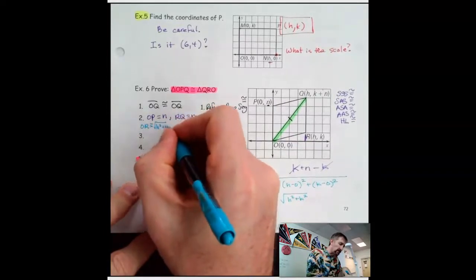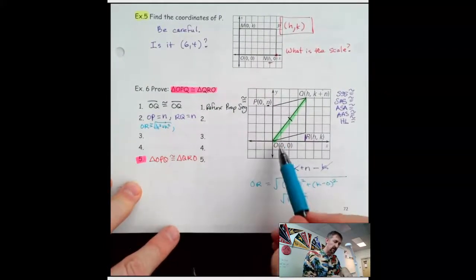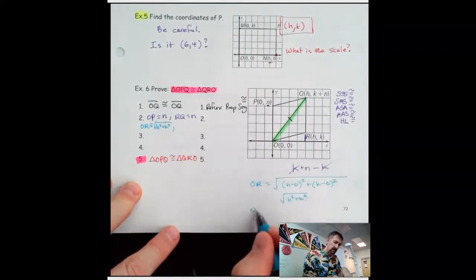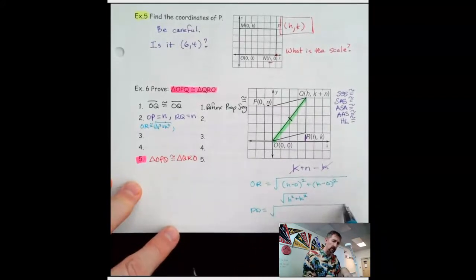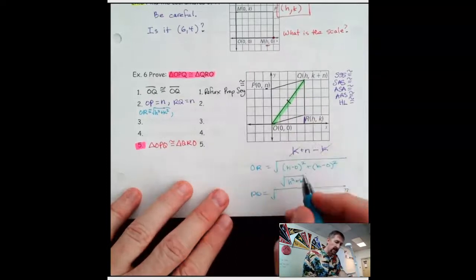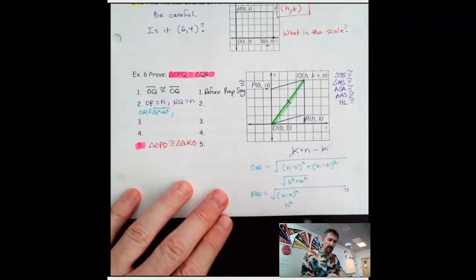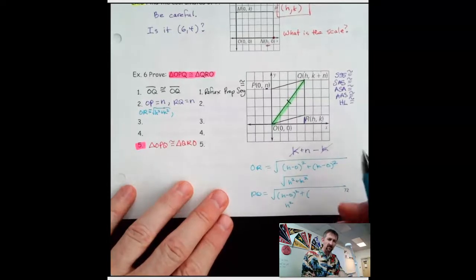H squared plus k squared. Now, up here, what did we do here? OR, so PQ. So PQ is going to be h, again, it's h minus 0. So that's going to be h squared. And here, what is this?